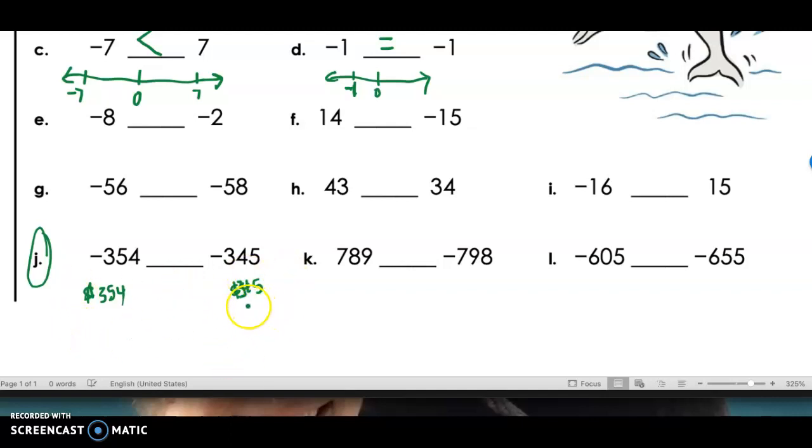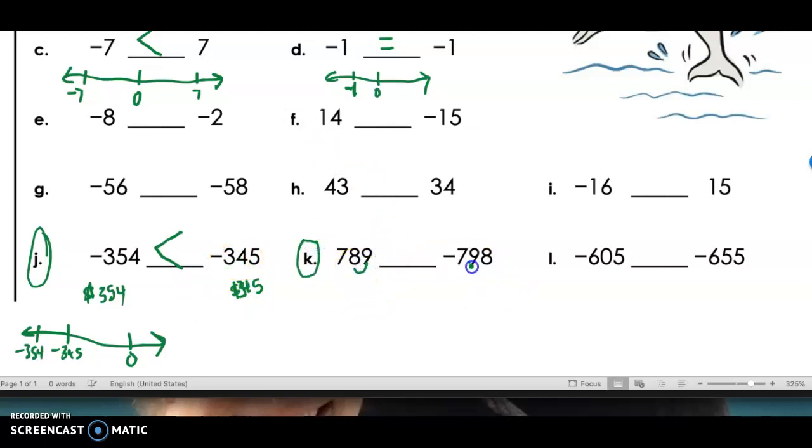I would rather owe $345, so that means it's the bigger number. You can also look at it on your number line. My very wonky number line, I'm going to put 0 here. So -345 would be here, and -354 would be here. This one is further left, so -354 is less than -345.